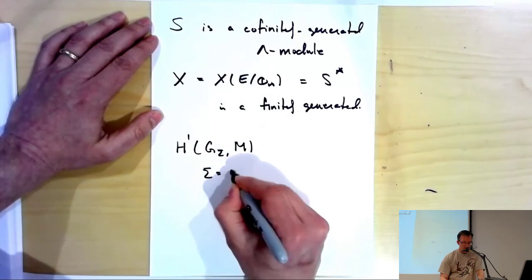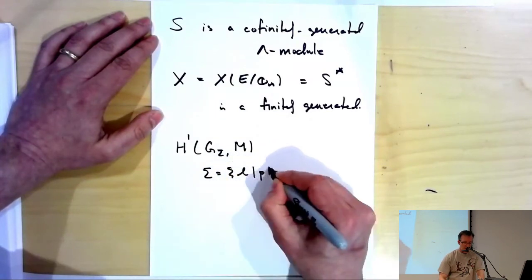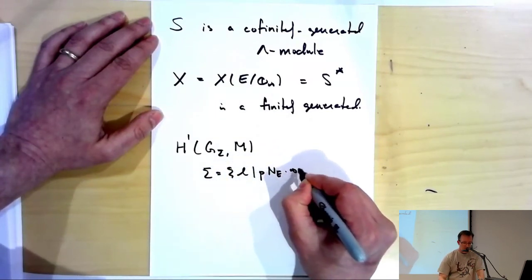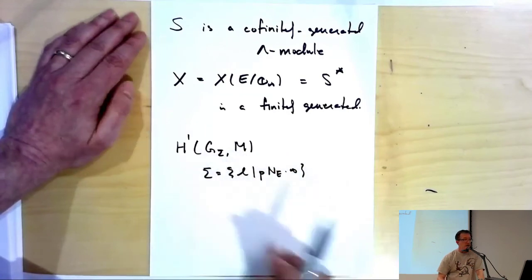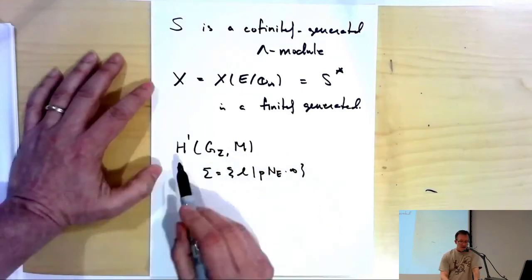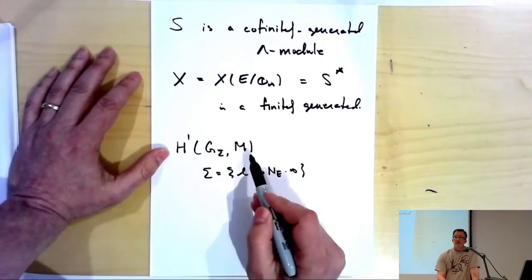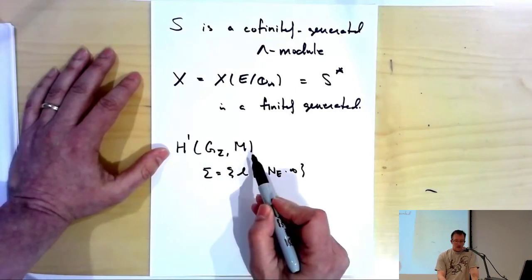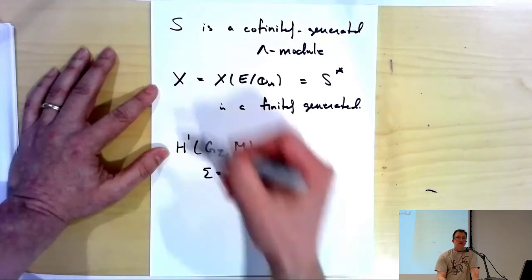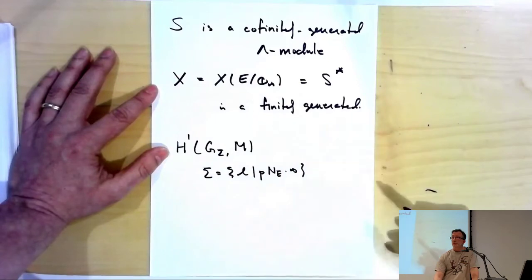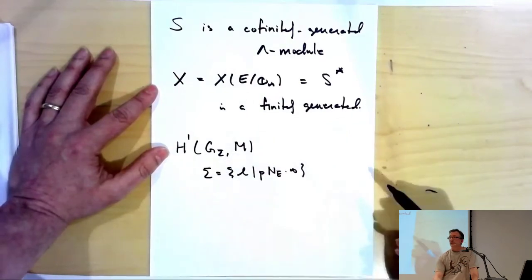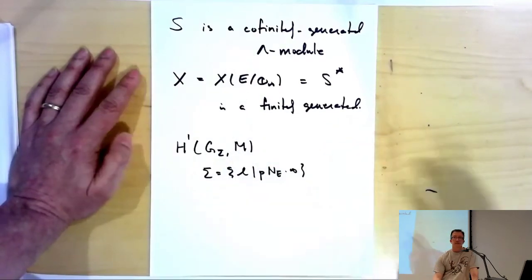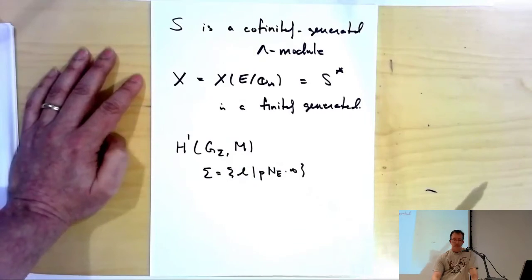We take sigma to be the set of primes dividing lp and infinity. That's going to act on M. And it's enough to show that this group is cofinitely generated. S is a subgroup, so its dual is a quotient. So if its dual is finitely generated, then X will be finitely generated.